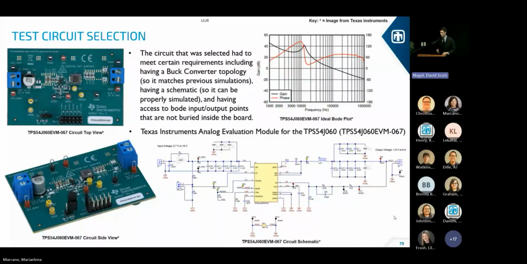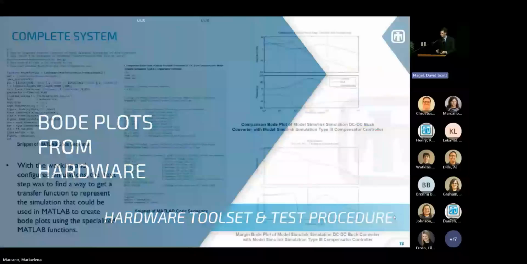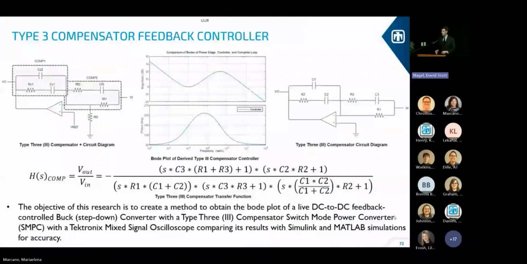Yeah. So like I was talking about here, deriving that transfer function. Originally, looking at some of these transfer functions, they don't account for everything that goes into a live circuit, and that's the problem. These are very simplified transfer functions, and it kind of misses out on some of the real life circuit applications.